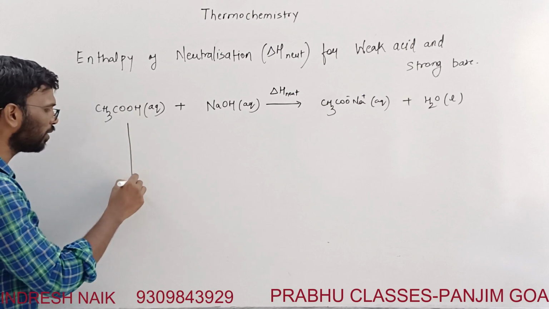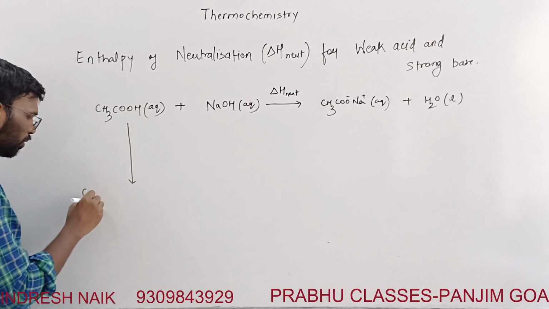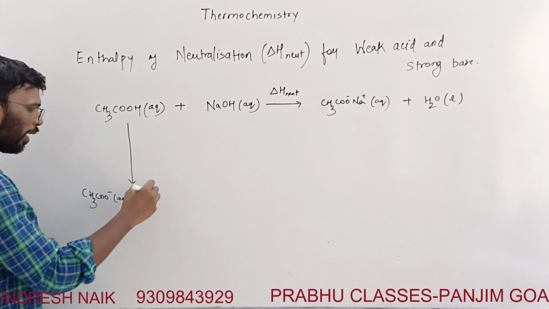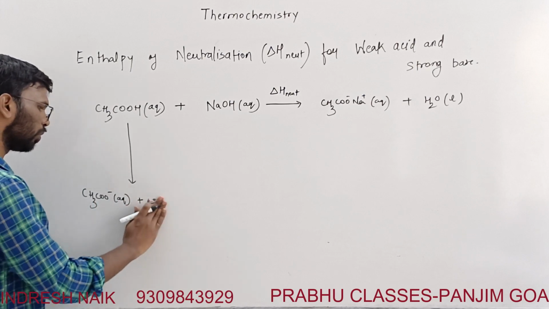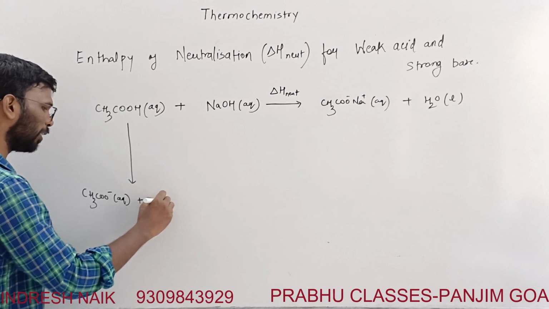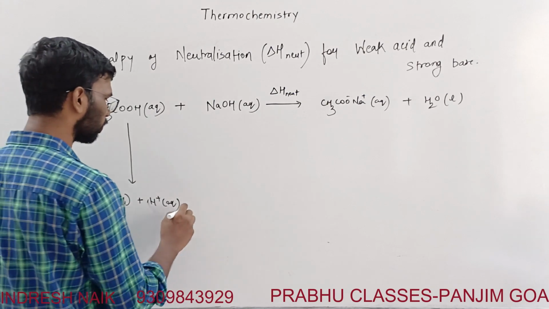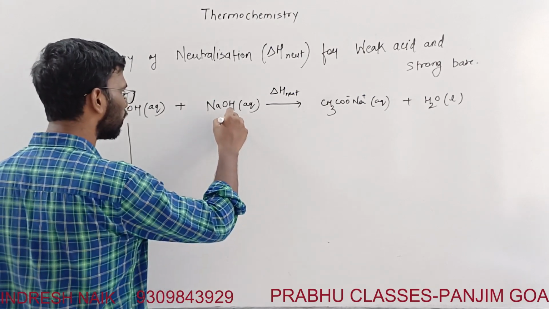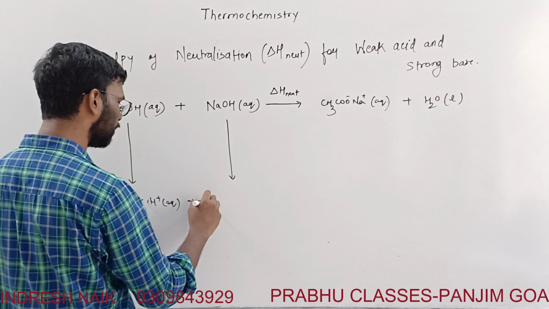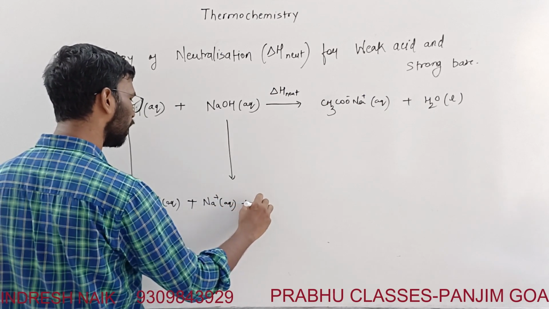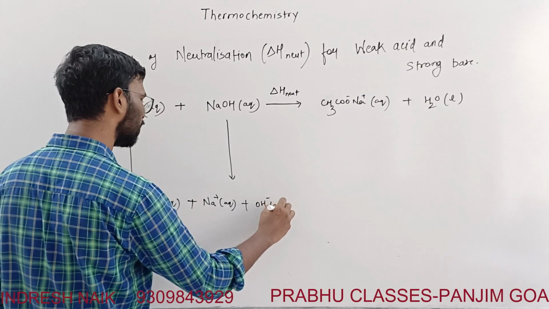So if I split this as CH3COO minus aqueous and H plus aqueous, then I can split this as Na plus aqueous and OH minus aqueous.